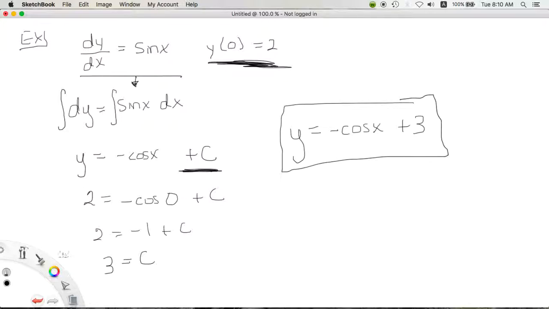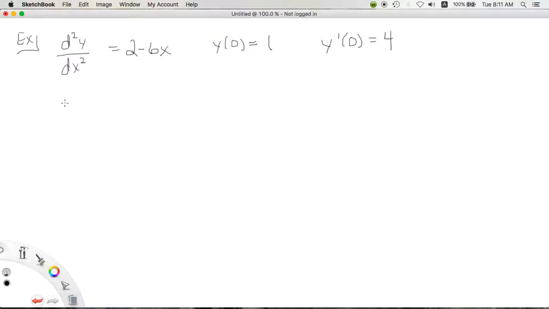Now, what happens if we're given a second derivative? Remember, this means it's the second derivative, 2 minus 6x. And then we're given an initial value for the function and for the first derivative. Well, the first thing we need to do is we separate our variables.